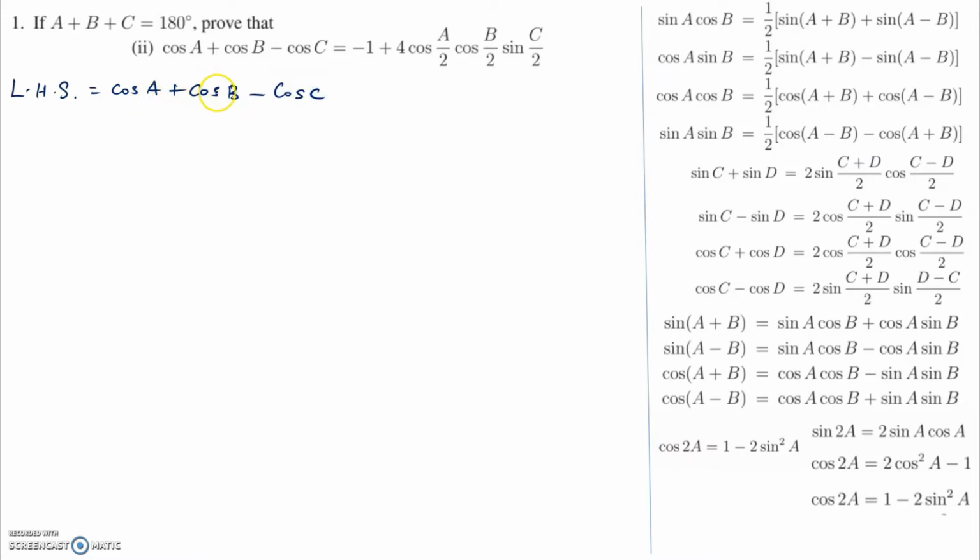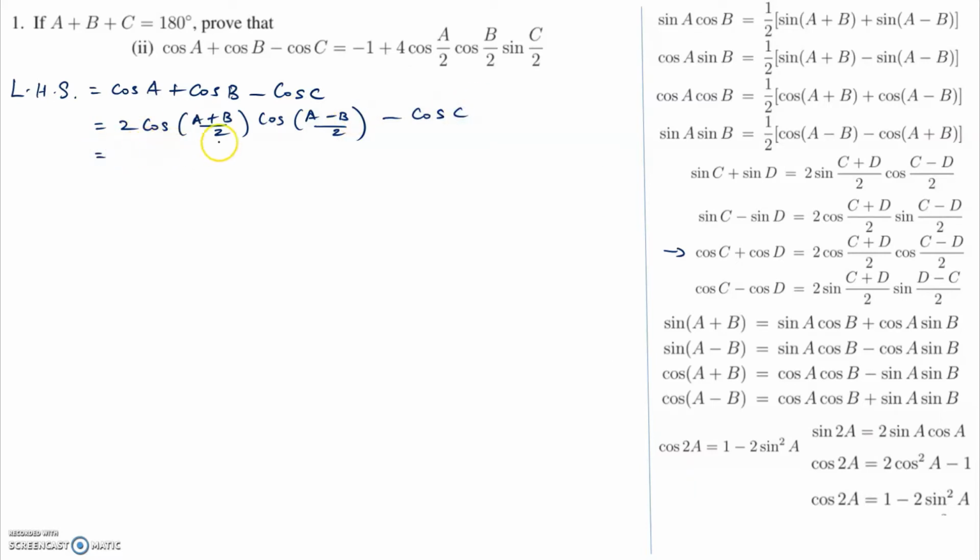Now let's take cos a plus cos b and apply this formula here. So this will become 2 times cos (a plus b) by 2 into cos (a minus b) by 2 minus cos c.